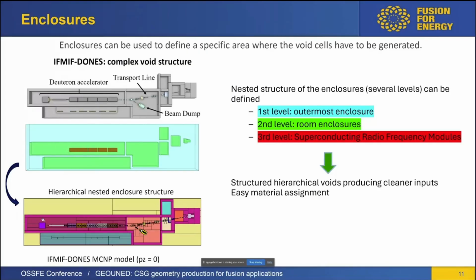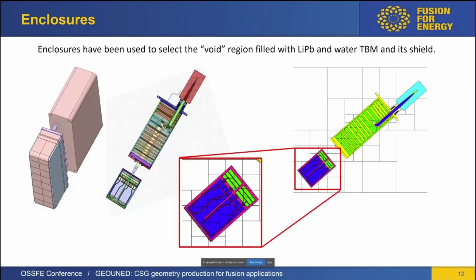So this is very handy. For example, like in this case, if you want to create specific air cells inside the different parts of the installation, or if we move to the next slide, it is also very handy in applications where you receive a very complex component, then you have to simplify.